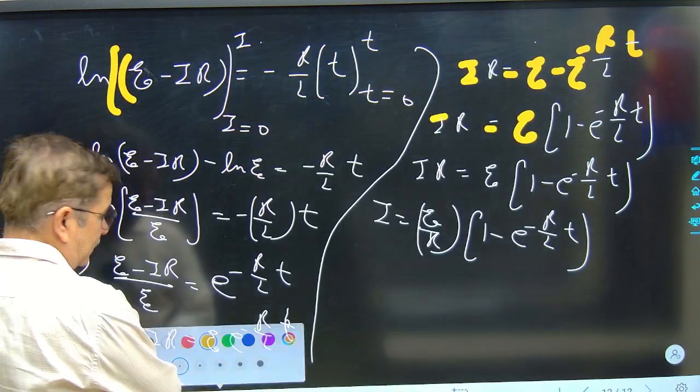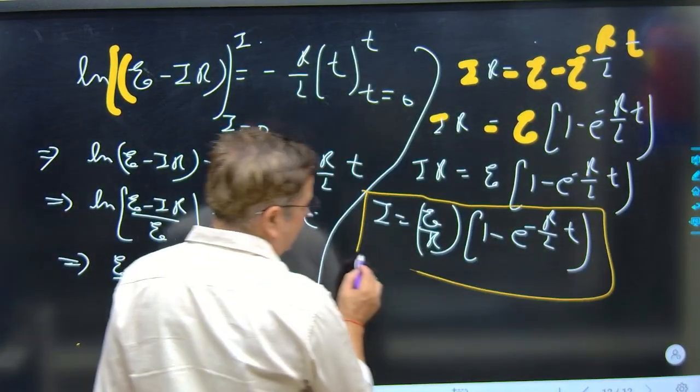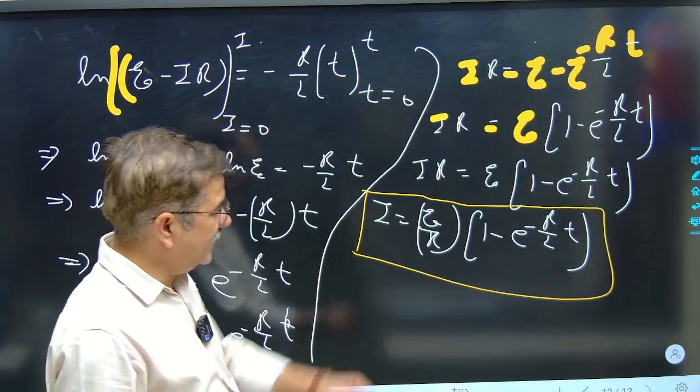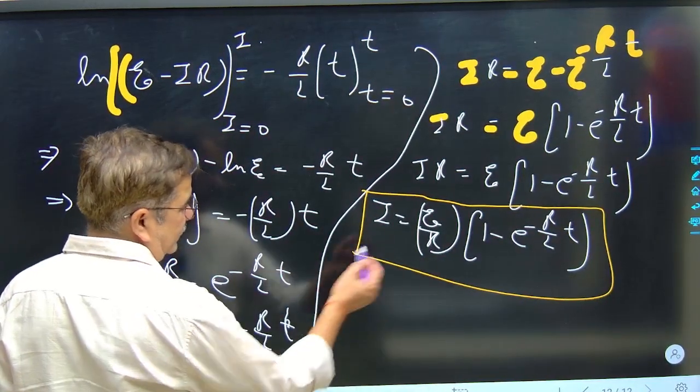Just see the exponential function. The current is varying with time.